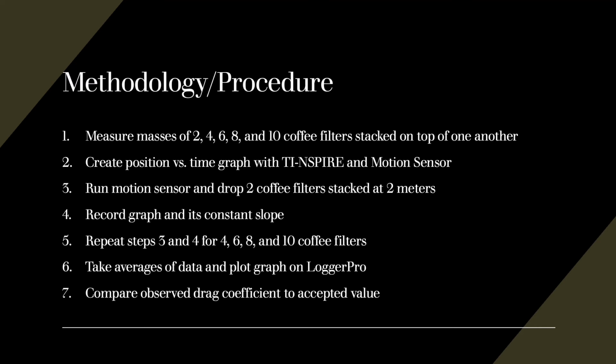We recorded the graph and the constant slope from the equation shown before, and repeated steps 3 and 4 for 4, 6, 8, and 10 coffee filters. After this, we take the averages and plot all of our independent variables and dependent variable into Logger Pro, and we were able to compare the observed drag coefficient to our accepted value as previously stated.